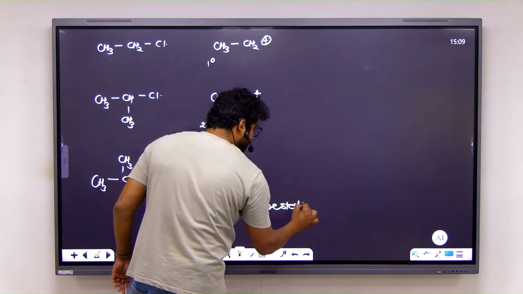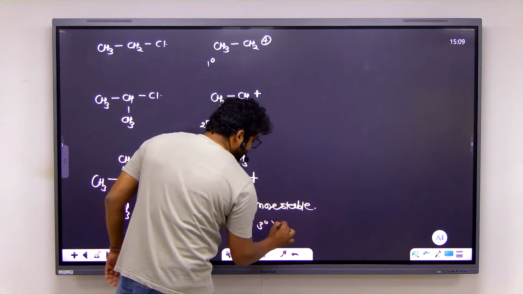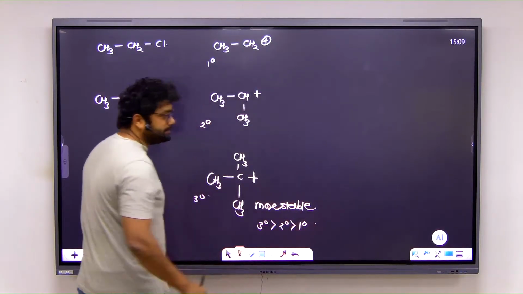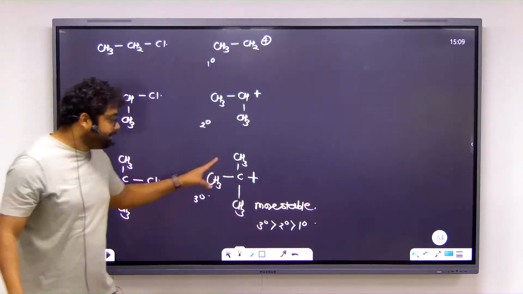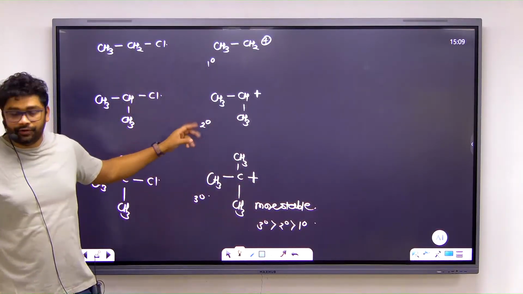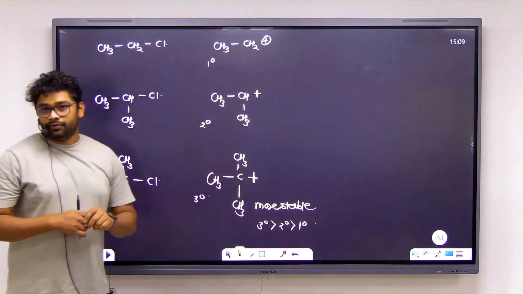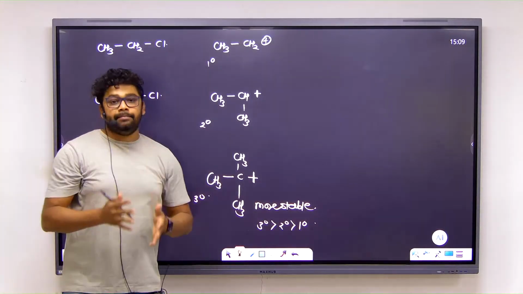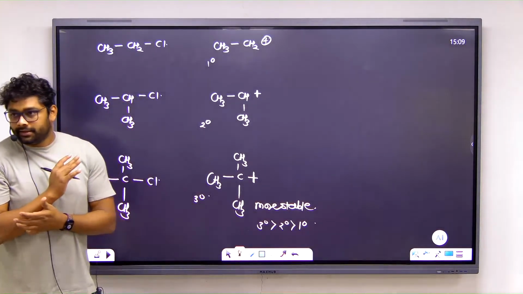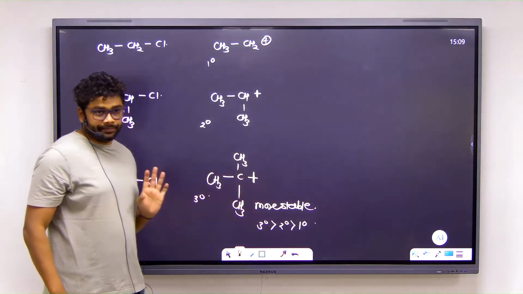Tertiary is more stable. Why? Because it has 3 donors, 1, 2, and 3. It has 2 donors. It has 1 donor. So the more donors you have, the more is the ability to become zero charge. And that's why it is more stable, right?